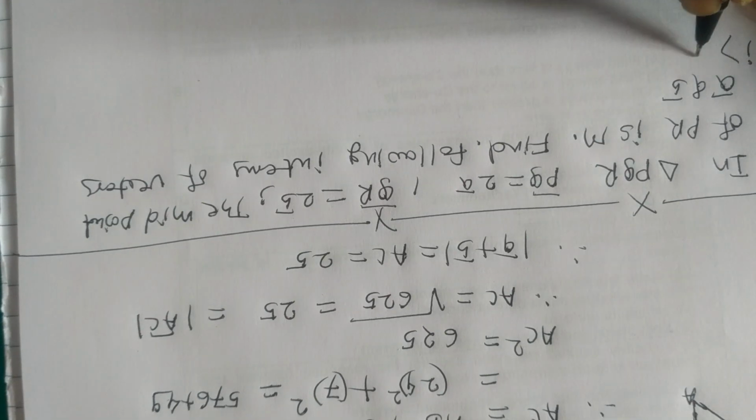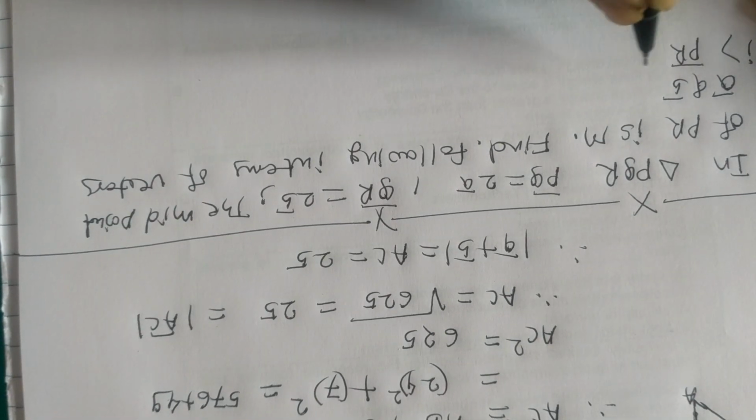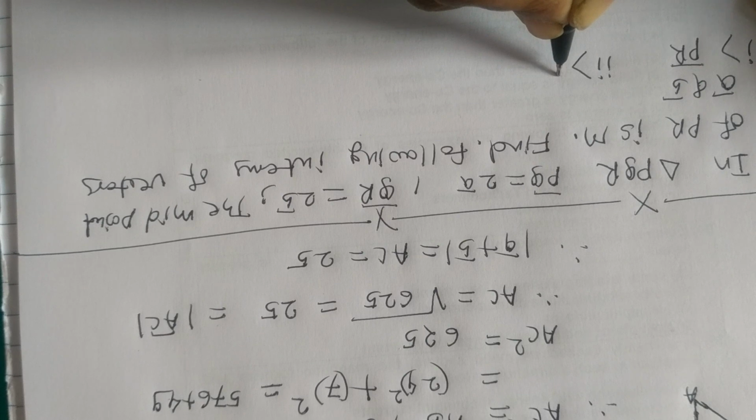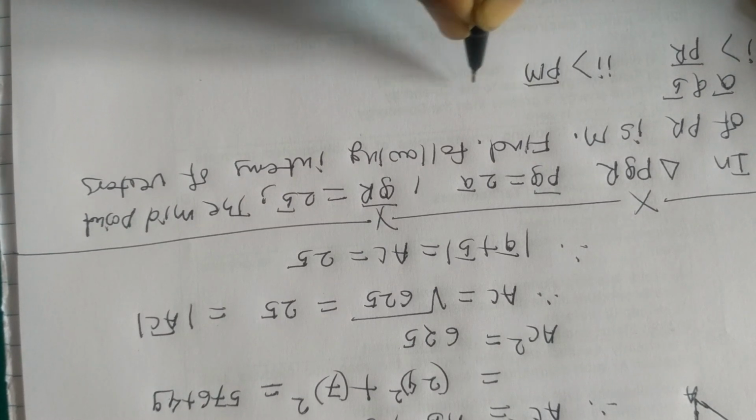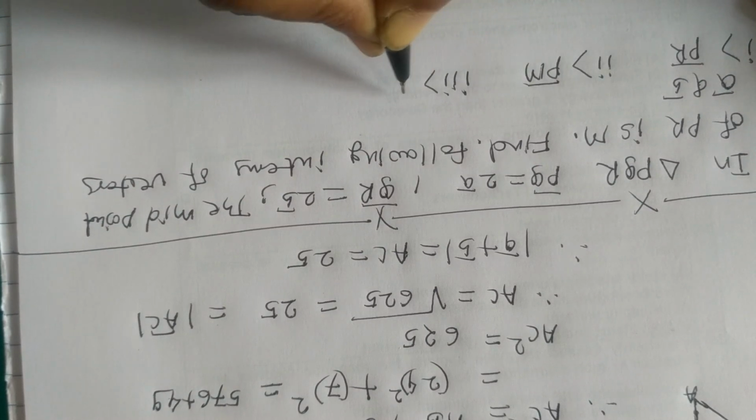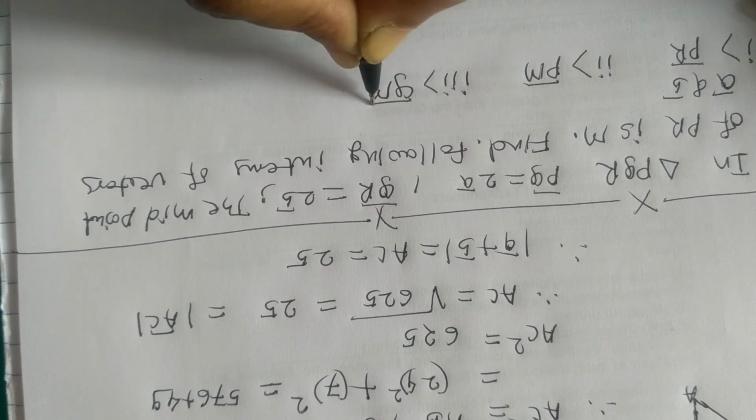The first vector is PR bar, the second is PM bar, and the third is QM bar.